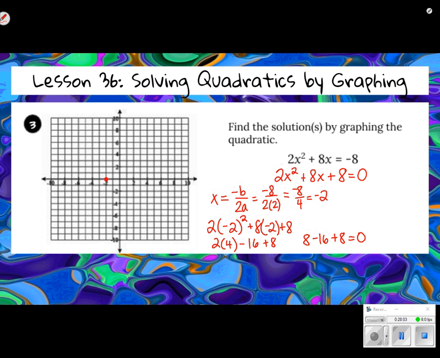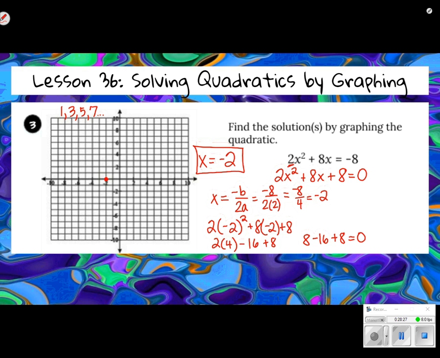Now, believe it or not, that's the zero. So we can write x equals negative 2. But let's build the rest of the quadratic, right? So our a value is 2. So remember that pattern 1, 3, 5, 7? Well, what we have to do is multiply that by the a value, which is 2.